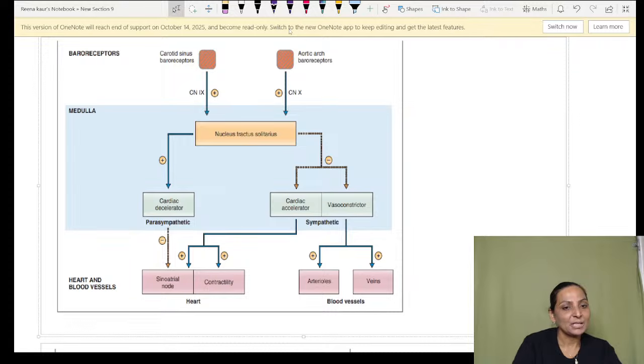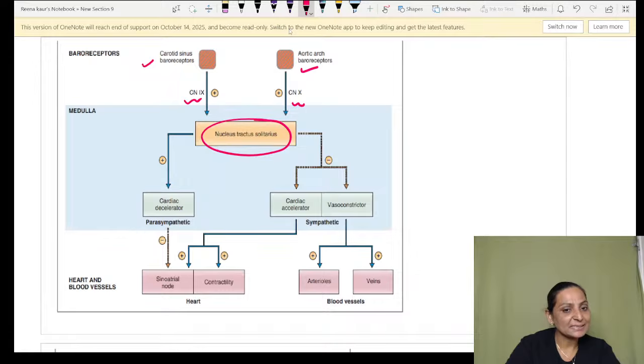Baroreceptors are present in the carotid sinus and in the aortic sinus, supplied by the 9th and 10th nerve respectively, and the center which mediates is the nucleus tractus solitarius, which is present in the medulla. This is also an MCQ.